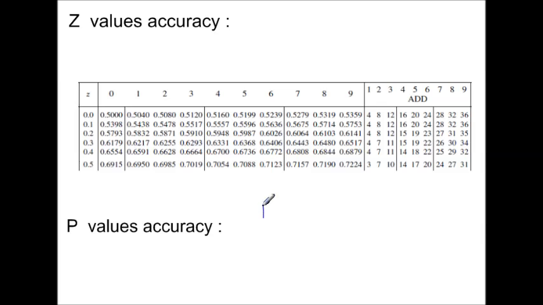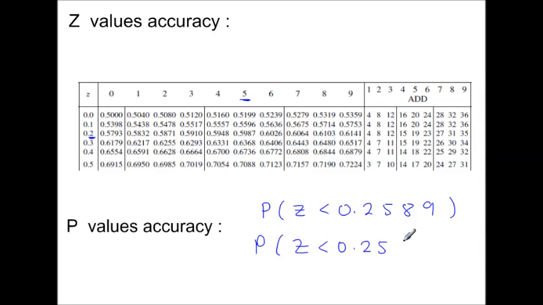So if you were trying to work out something like the probability that z is less than 0.2589, well, you know that z in the tables has an accuracy of 3 decimal places. So you need to round this to 3 decimal places first. 2, 5, 9.